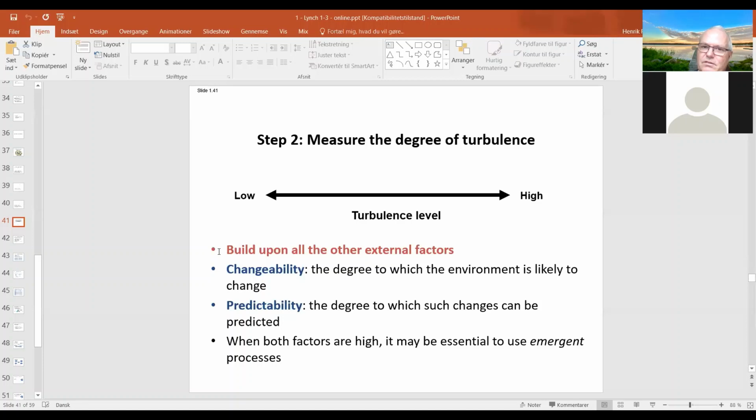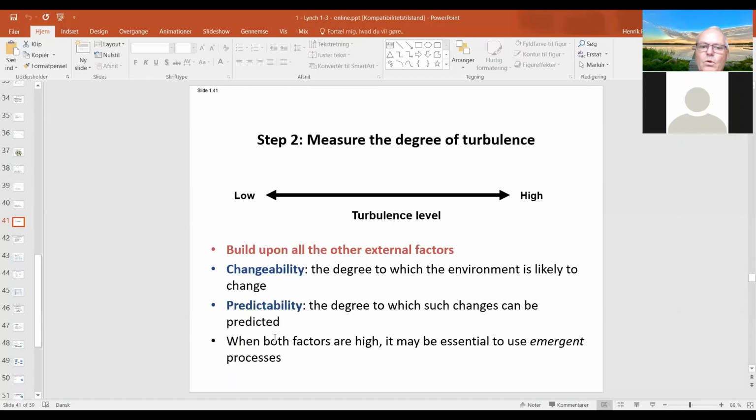And the reason that it's taken in as step number 2 is that when you start working in a company, you will constantly get information about your marketplace and about what's going on. So that means that you are building knowledge about the environment. You're building knowledge about the changes that take place in the environment.